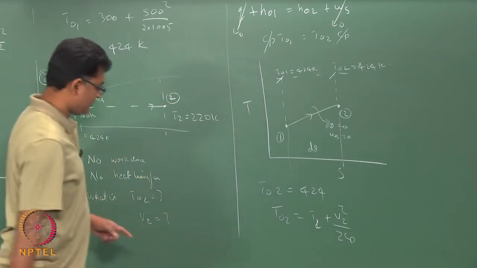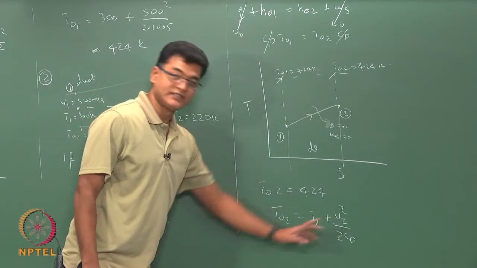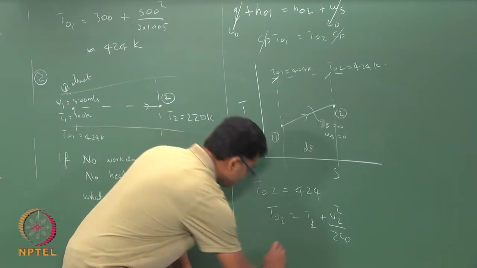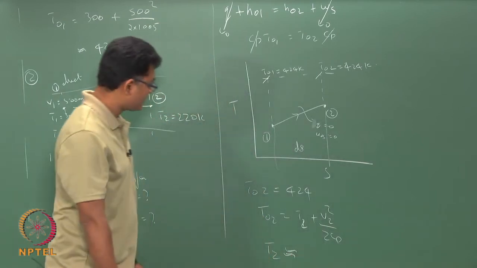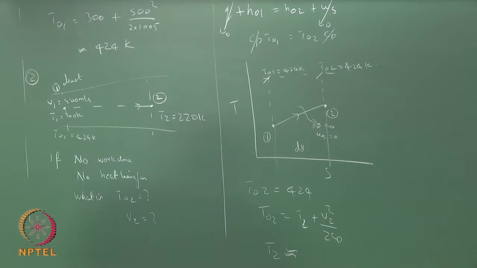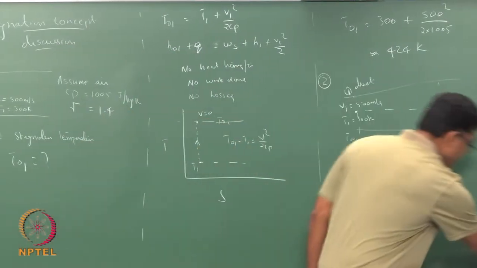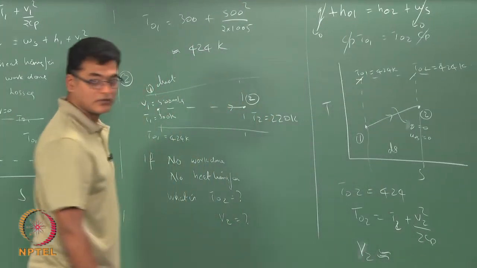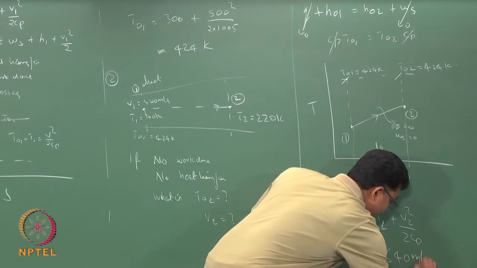Now, you know all the values T02, T2 and Cp. Substitute those, and we have to find V2. You should get V2 to be approximately 640 meters per second.